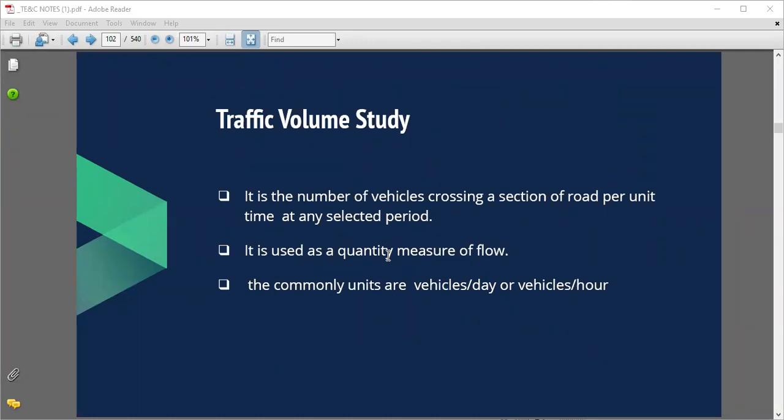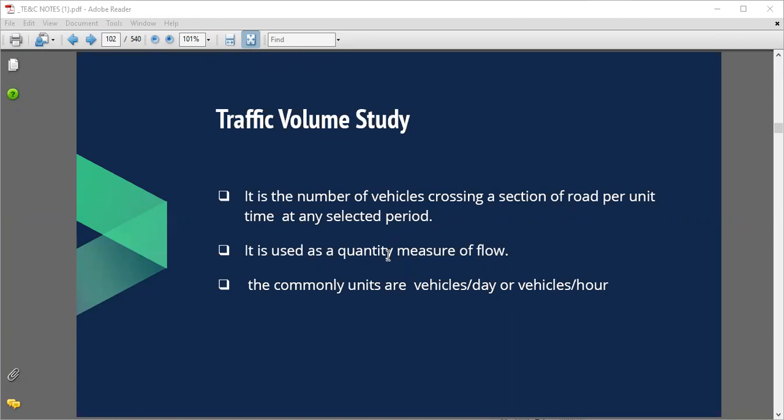Now, if you have decided to go for the traffic volume measurement, then you have to decide 1 day or 1 hour. Within that period only, whatever vehicles are moving, that vehicle number indicates the volume per hour or per day, like vehicles per day.